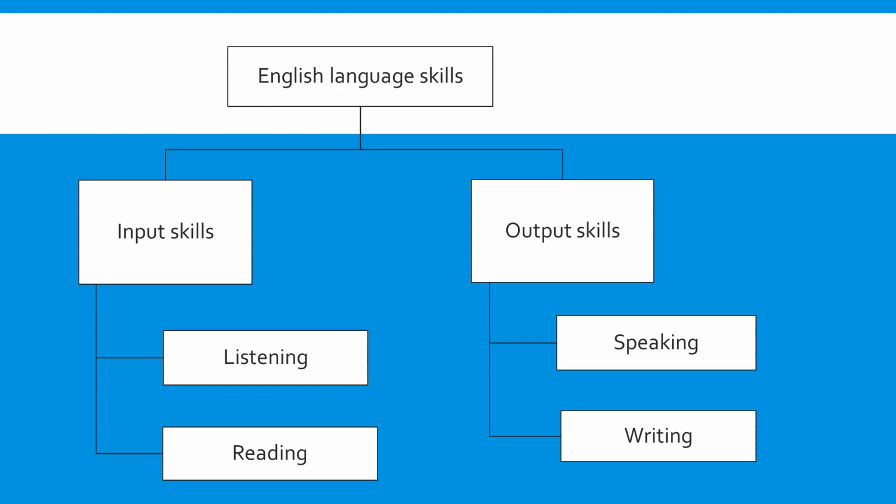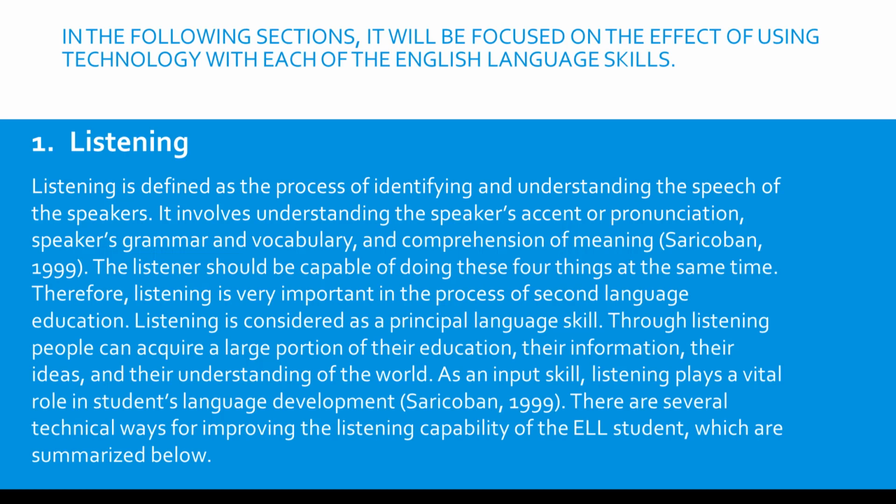So students, after they listen and read, it will be easy for them to speak and write. Now, in the following sections, it will be focused on the effect of using technology with each of the English language skills.